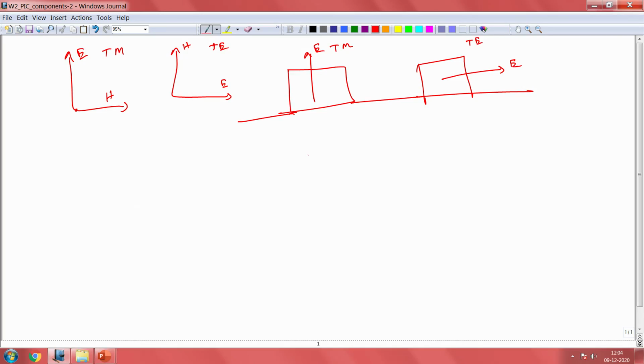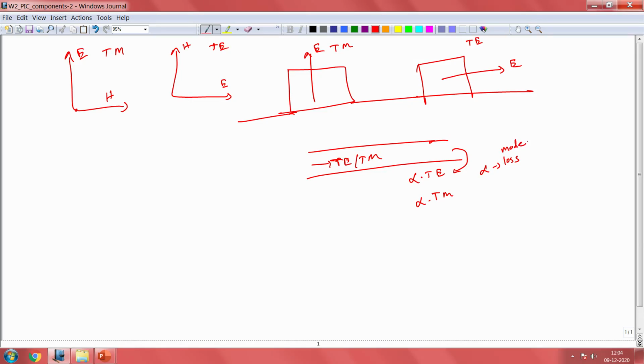So, they are propagating through this waveguide. You have TE and you have TM going through, but there will be an associated loss when it propagates through this system. Let us say you get alpha times TE at the output, and alpha times TM at the output. Here alpha is the mode loss.